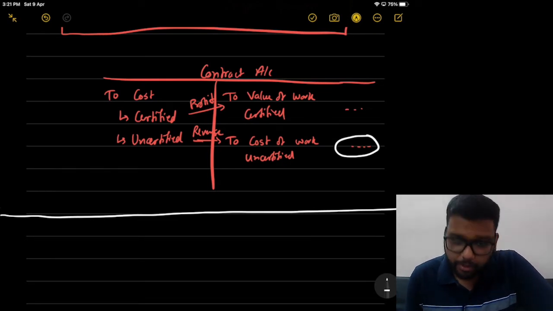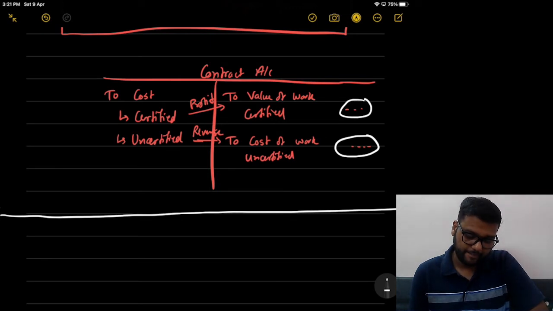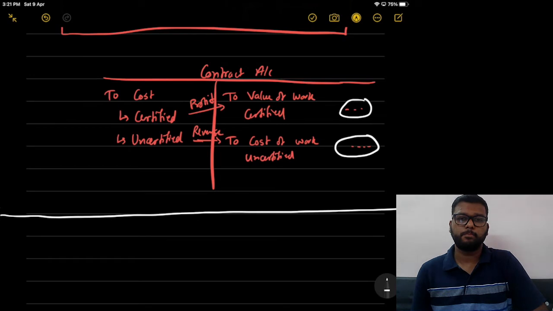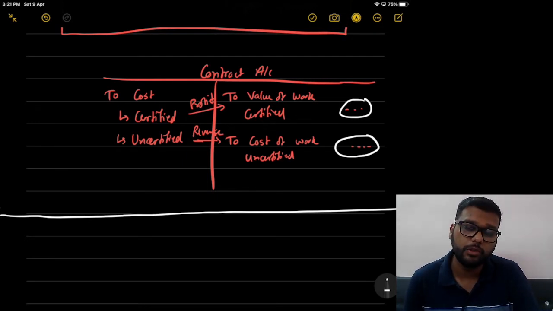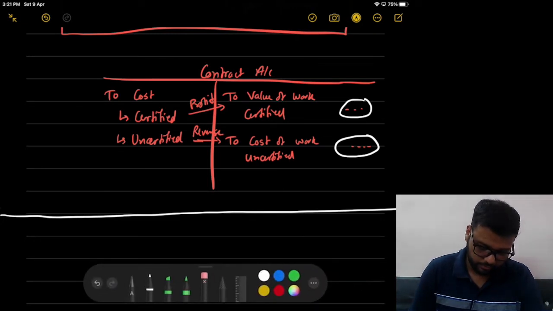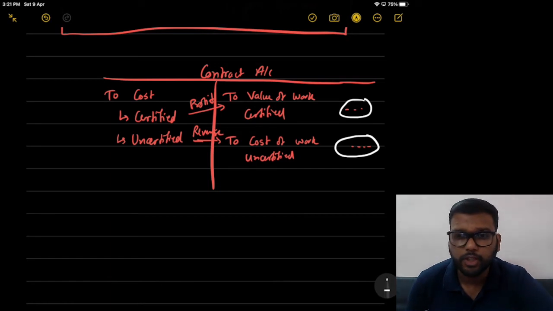Can anyone tell me where the second effect of this should go ideally? That is like our sale. So its second effect should go to the asset side.